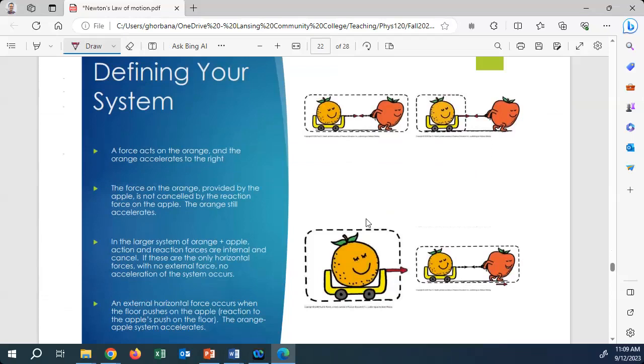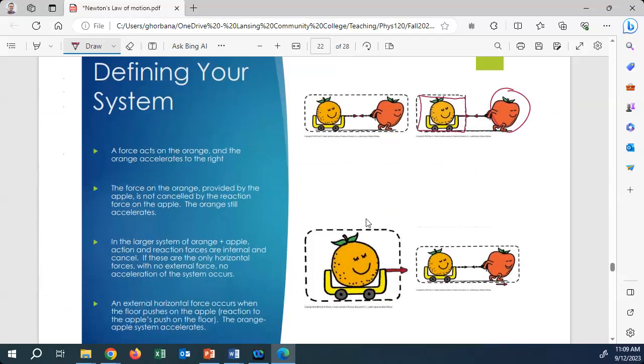One is pulling the other one. When we analyze this motion, we can put these two and even three objects in one system and analyze the motion of the entire system. Or we can say, no, I would like this to be my object of interest. I don't care what exactly is happening to this object.